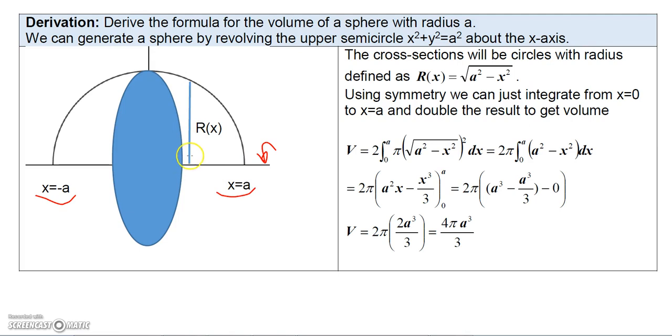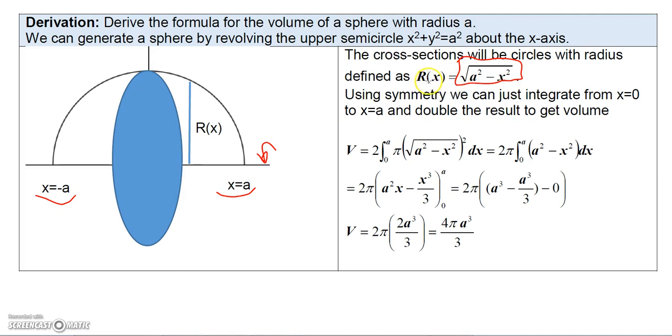Well, the radius is basically, like we had before, the formula of this circle. I'll leave you to show this, but you can show that the formula for this semicircle is the square root of a squared minus x squared. It's kind of like I did on an earlier example, but this time instead of 9, we have a squared. Instead of 3 squared, we have a squared.